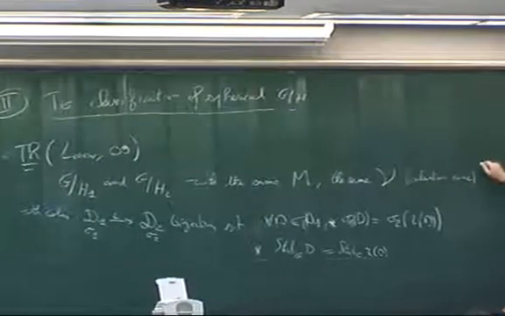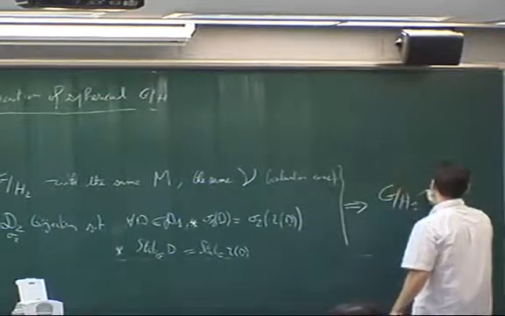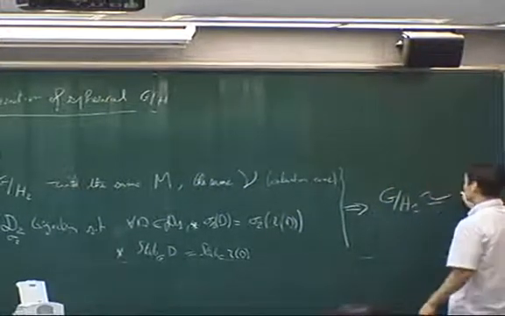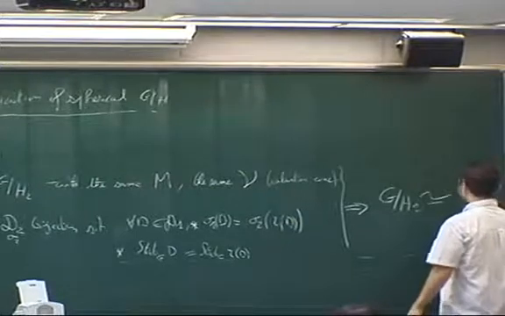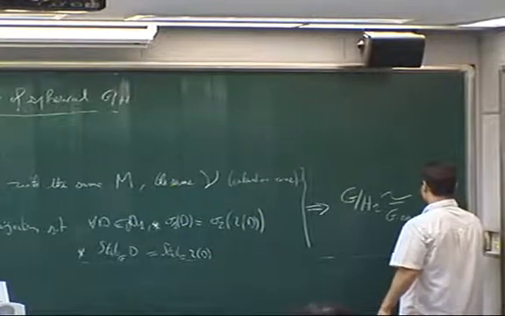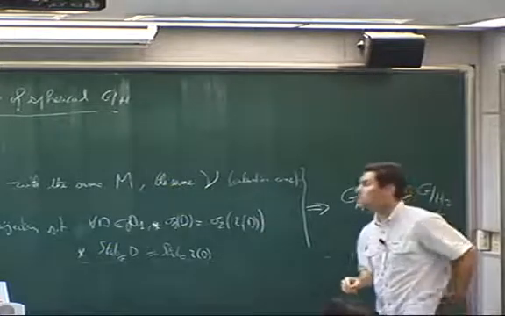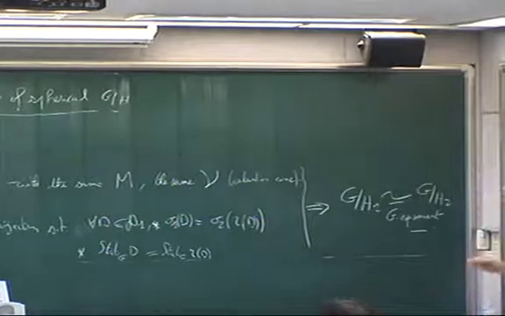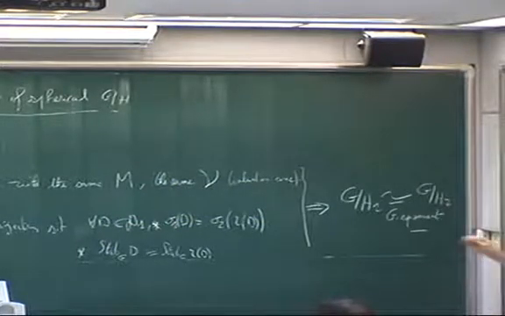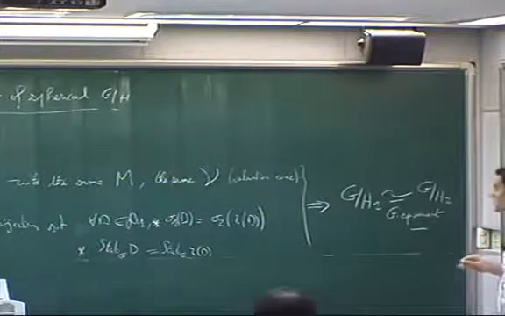If we have all these hypotheses, then G mod H1 is isomorphic to G mod H2 with a G-equivariant isomorphism. So it's a theorem of uniqueness of a spherical homogeneous space with a given combinatorics: the weight lattice, the variation cone, and the colors satisfying this condition and also this condition.